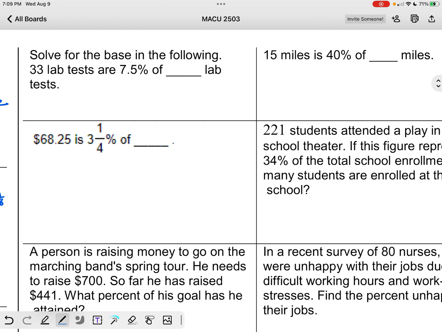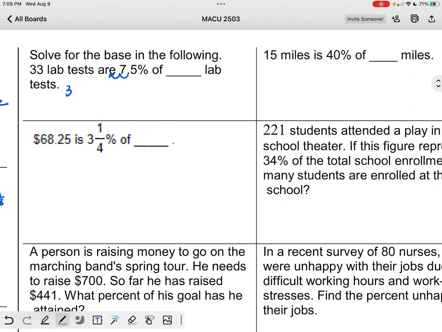Solve for the base in the following. 33 lab tests are 7.5% of blank lab tests. When they're referencing base, they're trying to find the base, like the denominator of what's missing. Your percent, if you write it as a decimal, would be 0.075.